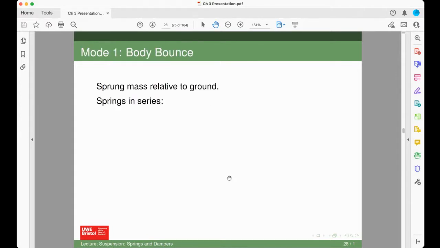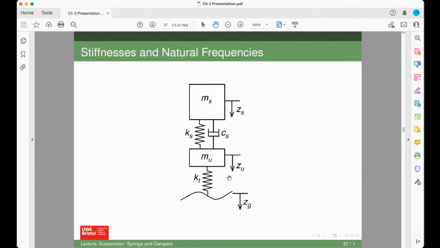And so with this car model, there's a couple of ways the system can vibrate. You've got 2 degrees of freedom, so there's going to be 2 modes of vibration, and those modes for this application have specific names.